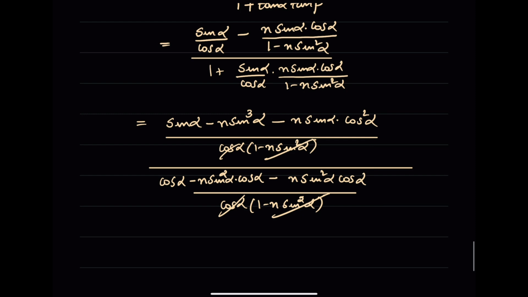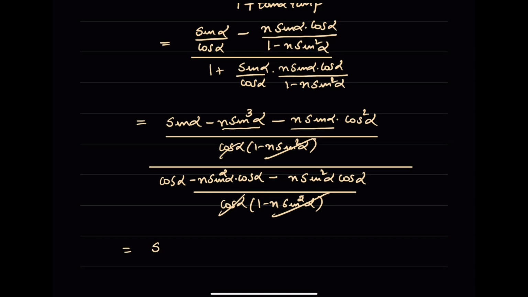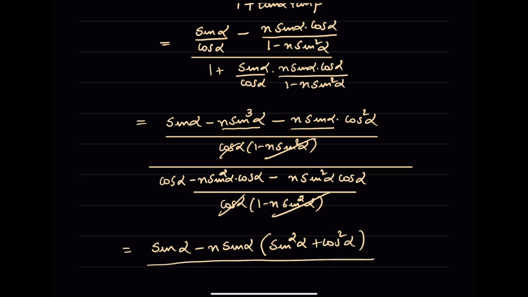Now in the numerator we can have n sin alpha as a common factor. So this will change to sin alpha minus n sin alpha as a common factor, and the first term would be sin square alpha plus cos square alpha. Here in the denominator, sorry, there is an error, this is a plus value because it's plus here, so these two values get cancelled, so we will have cos alpha in the denominator.